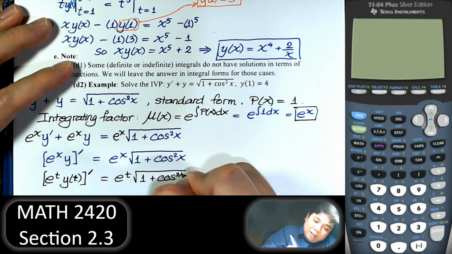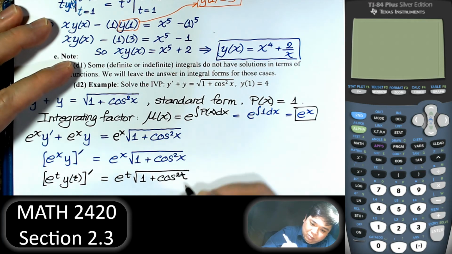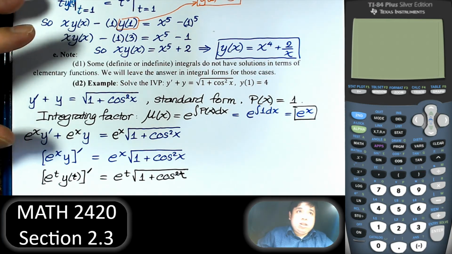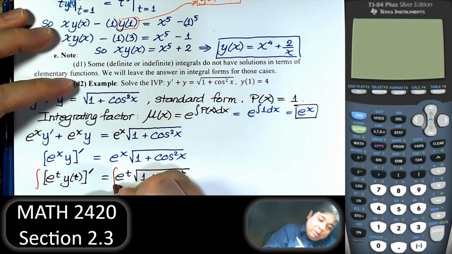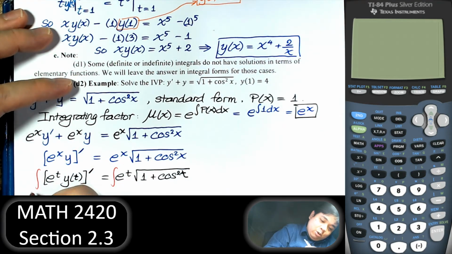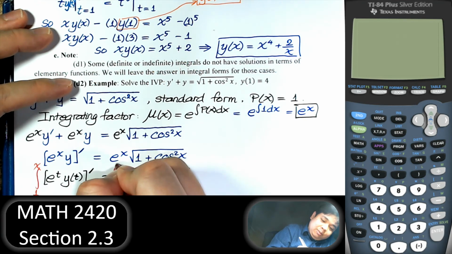That's t. Right. Now instead of integrating both sides without the limit, I'll integrate from the initial value of x, which is 1, to x.